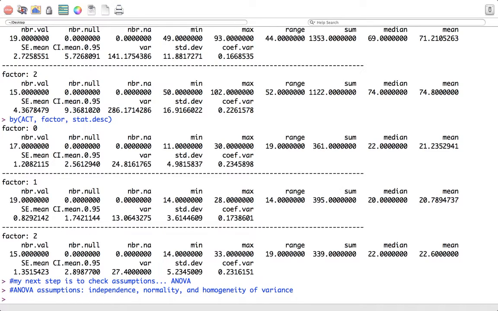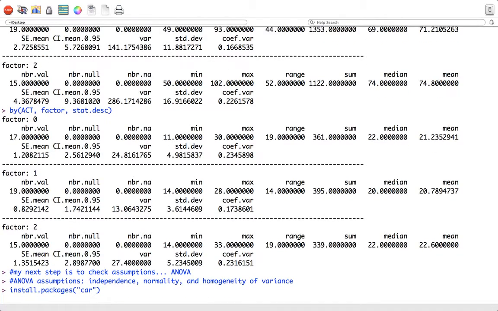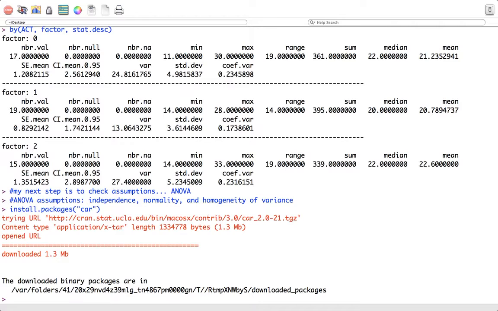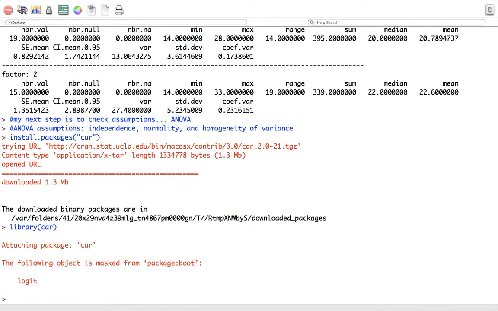Now, I want to check homogeneity of variance first, so I'm going to need to run Levene's test. But, as you guys probably remember, we got to install the package car. Guys, remember, installing your package, it has to be in quotations, but when we do the library, it doesn't.